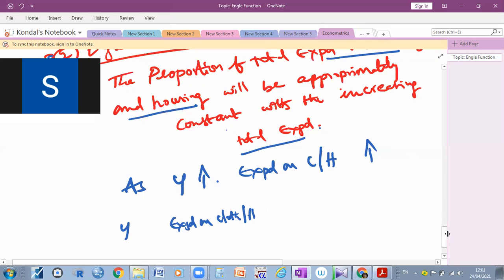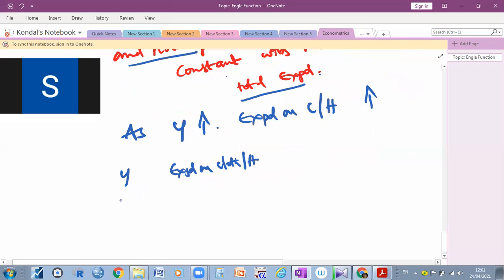When your income is 10,000 rupees, you may spend 5,000 rupees. When your income is double, 20,000, I'm assuming you are going to spend more, 10,000 on clothing as well as housing.